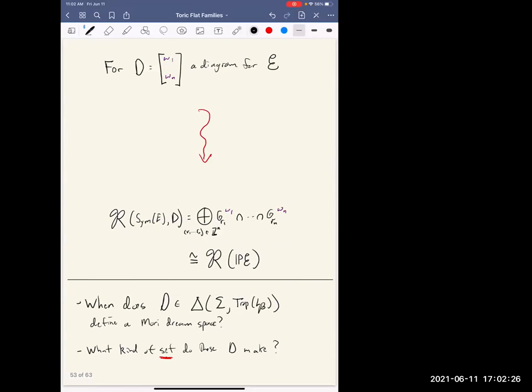Now, if we're given a configuration of such points, which is the data in a diagram, we get a multi-Riesz algebra given by a configuration of such filtrations. And then it turns out if you have any diagram representing your favorite toric vector bundle, then the multi-Riesz algebra you get from these types of filtrations for those specific row vectors in the diagram is the Cox ring.